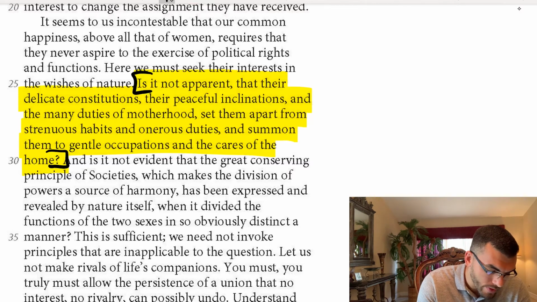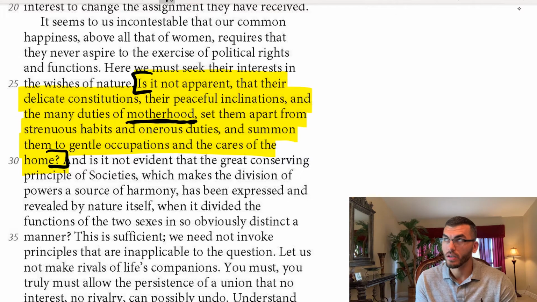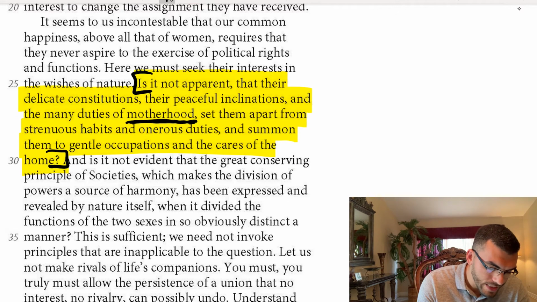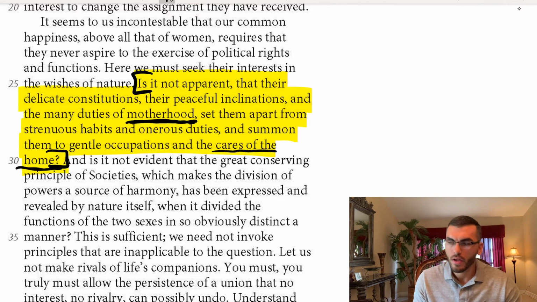"Is it not apparent that their delicate constitutions, peaceful inclinations, and many duties of motherhood," raising children, motherhood? I think we're onto it so far. "Set them apart from strenuous habits and onerous duties and summon them to gentle occupations and cares of the home."